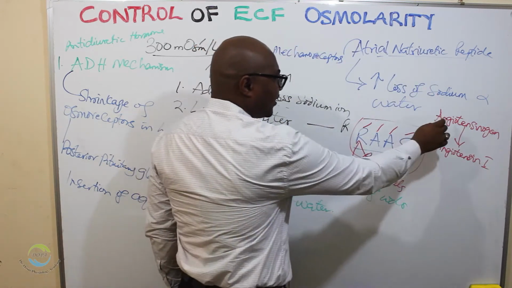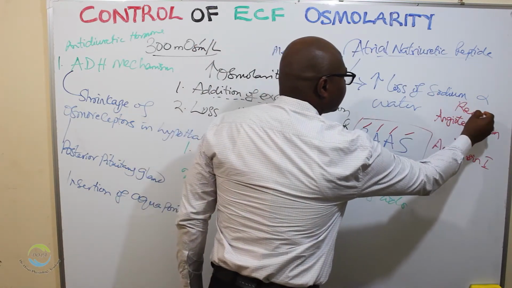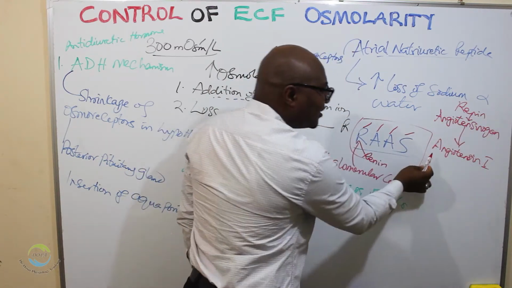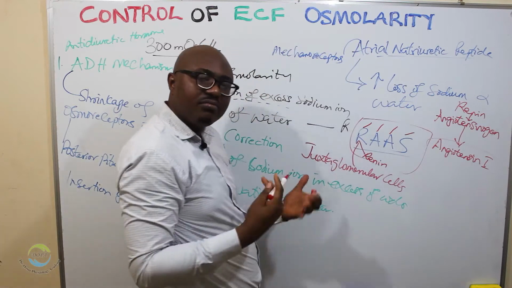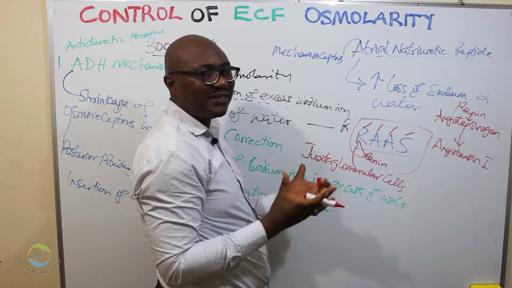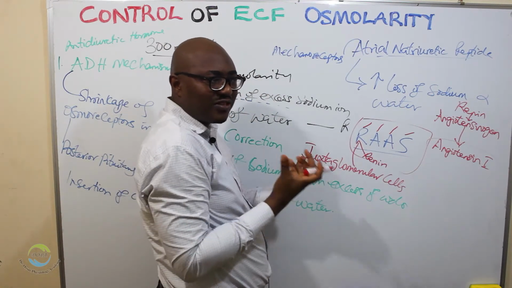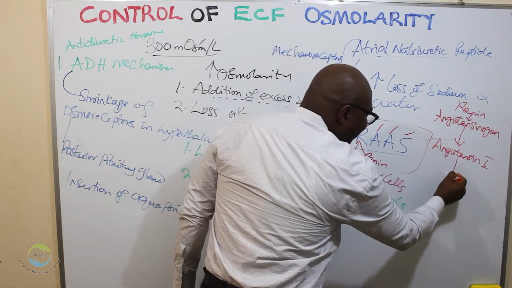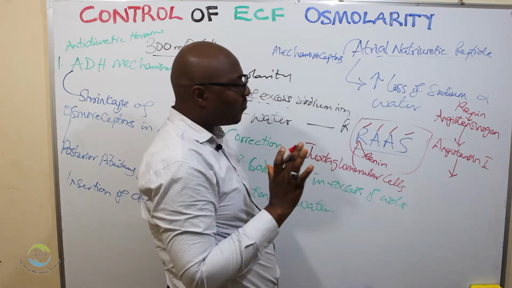That's the function of renin. Renin does this, converts this to this. But this is not effective. It doesn't do anything. Has no physiological role or function in the body. So this needs to be converted further into an active form.